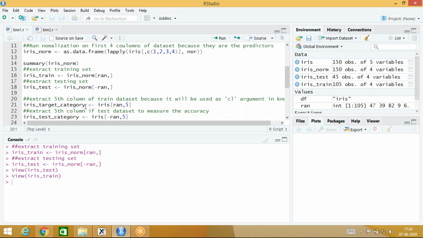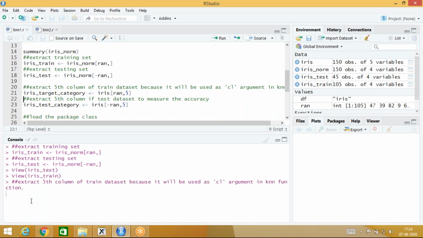So I have to put the y variable. I should write train category, or let's say target category. Iris target category is the 5th column and only such rows where this rand variable is there.